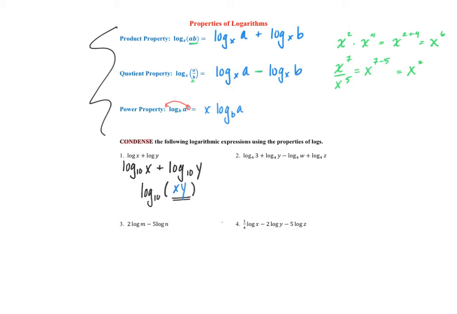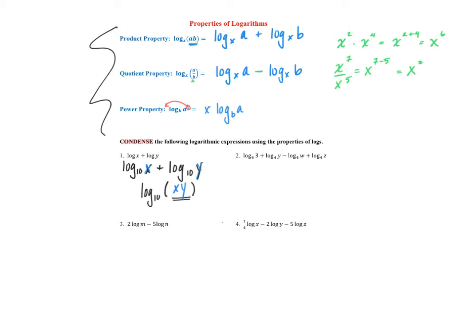So we're applying the product property. When you had two expressions in the argument, I gave each term its own log and added the logs together. Now I'm going backwards. Log base 10 of x plus log base 10 of y, I can write as a single log by combining those arguments and writing it as a product.